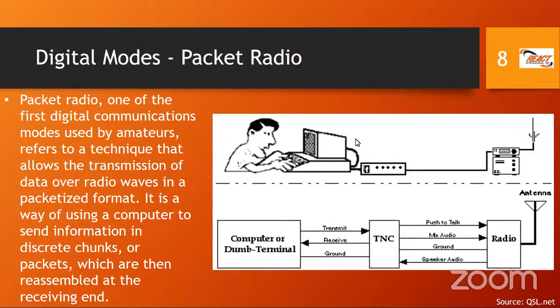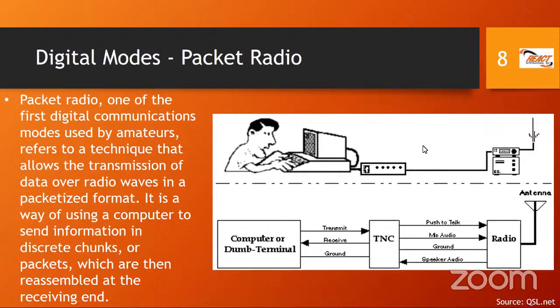So those little packets are chunks of information, consider it as little envelopes that we'll put information in and send on our way envelope by envelope until all of the information is sent and received, and it's reassembled on the other end. So that is what we mean by packet radio, using a computer, interfacing it to the radio, and using that mode called packet radio.